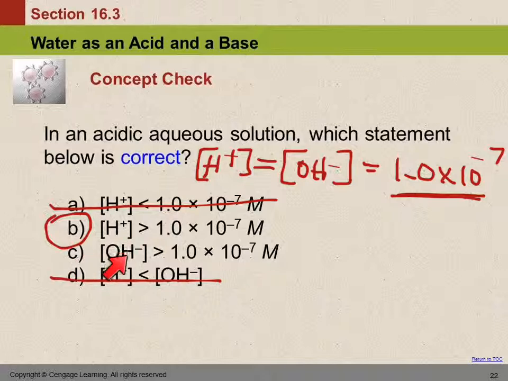That the hydroxide ion concentration would be greater than what it is in pure water. No, that would be a basic solution, wouldn't it? So if the hydrogen ion concentration is greater than 10 to the minus 7th molar, it's acidic. If the hydroxide ion concentration is greater than 10 to the minus 7th, it's basic.